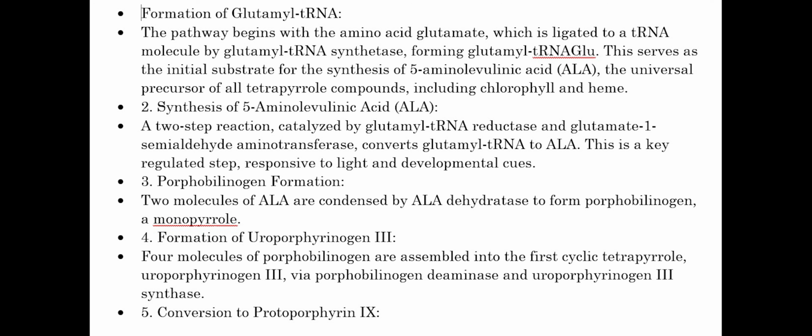The transfer RNA is where it codes for, it attaches to amino acids and it transfers amino acids to a protein. The pathway begins with the amino acid glutamate, which is ligated to a transfer RNA molecule by glutamyl transfer RNA synthetase, forming glutamyl transfer RNA glutamine.